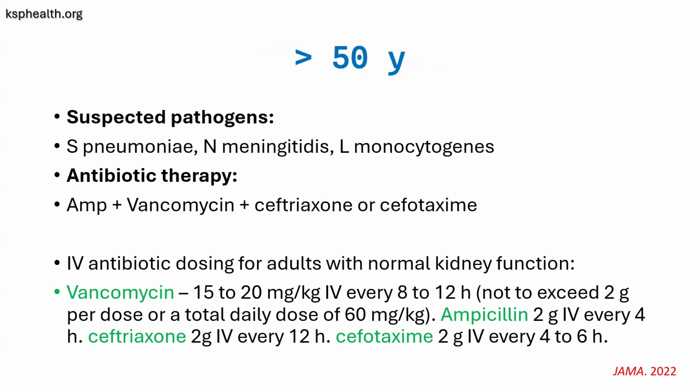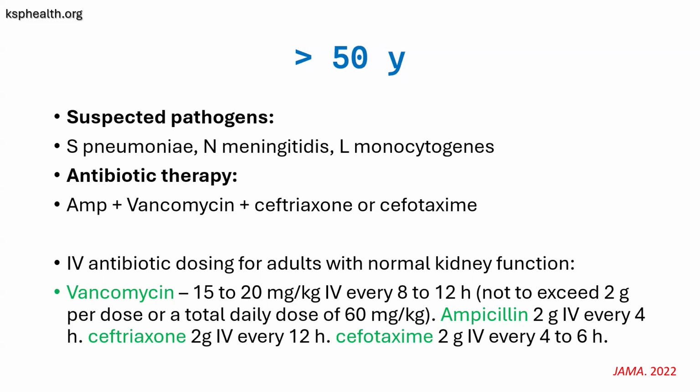In patients more than 50 years old, strep pneumo, Neisseria, and Listeria come into play. So antibiotic therapy varies. Add ampicillin along with vancomycin plus beta-lactams, ceftriaxone or cefotaxime. The dosing is very similar, 15 to 20 every 8 to 12 hours.